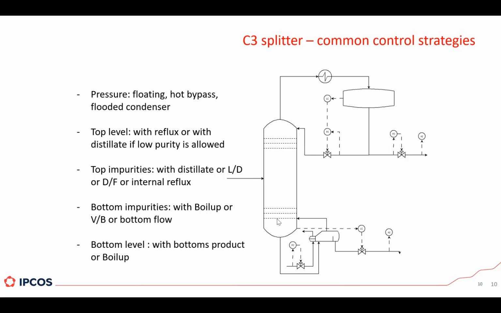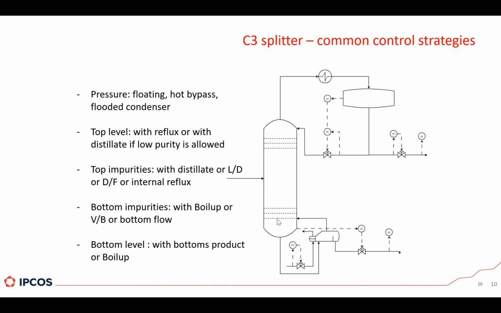The top impurities you can control with a reflux ratio, or with a distillate to feed ratio, or with internal reflux. The bottom impurities you can control with your boil-up ratio, or the bottom flow.